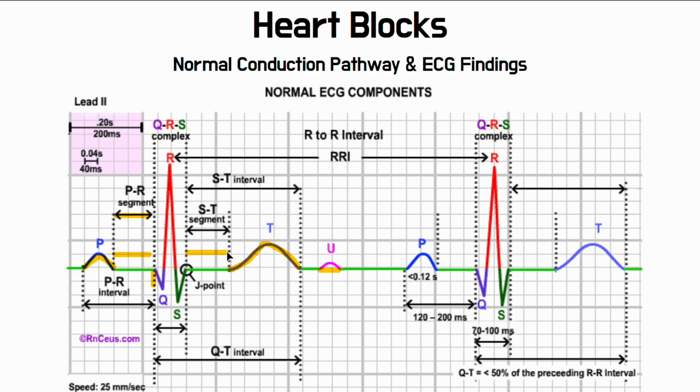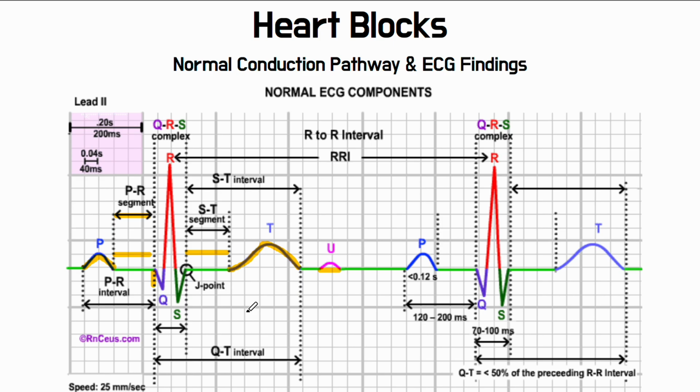The ST segment is very important in distinguishing ST segment elevation MI and non-ST segment elevation MI, right? There are reasons why ST segment elevation occurs. This actually indicates that there is complete ventricular depolarization, yet no repolarization has begun. So complete ventricular depolarization, but repolarization has not yet begun. That is how the ST segment is understood, right?